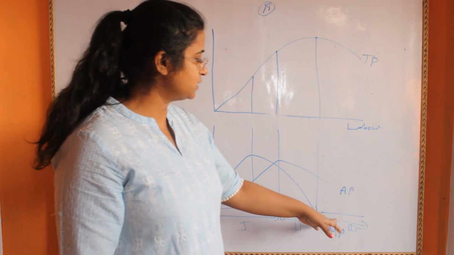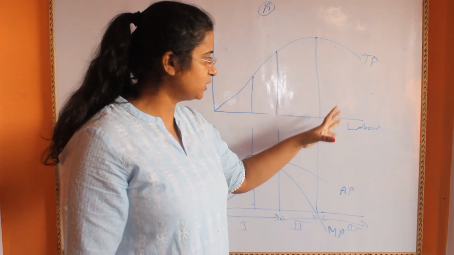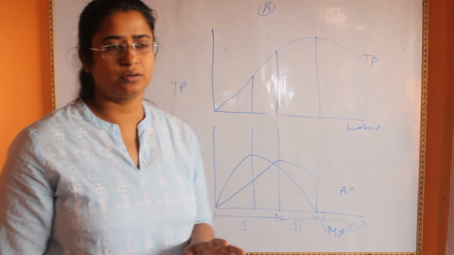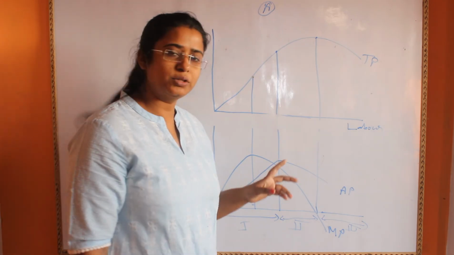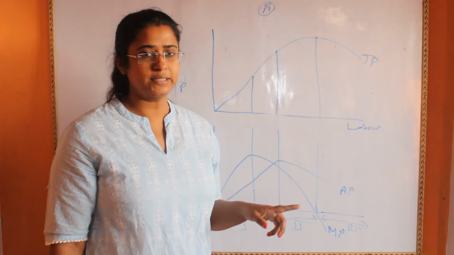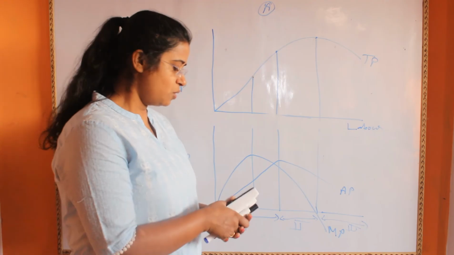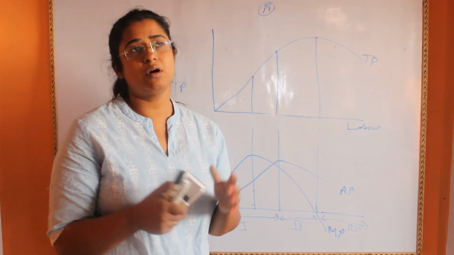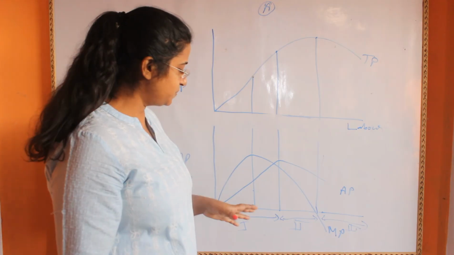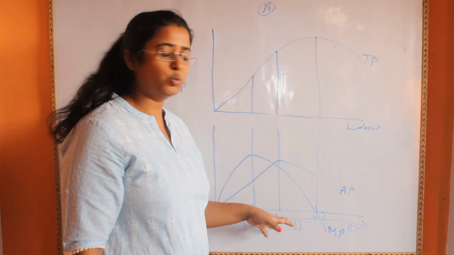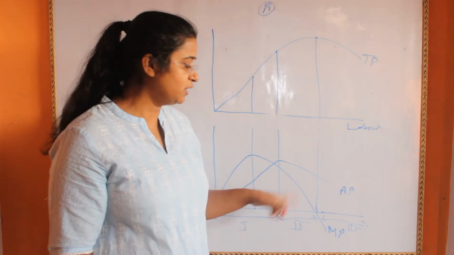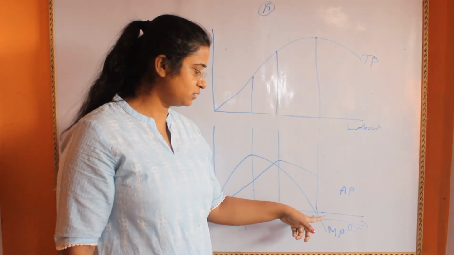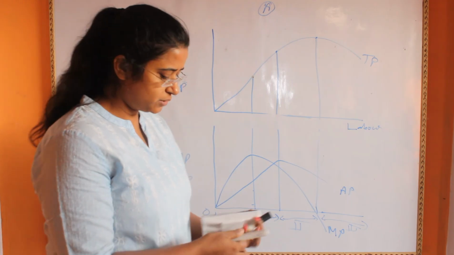So this is not a desirable portion for the producer to operate in. A rational producer will always be in these two stages. He will never cross the limit or the point.